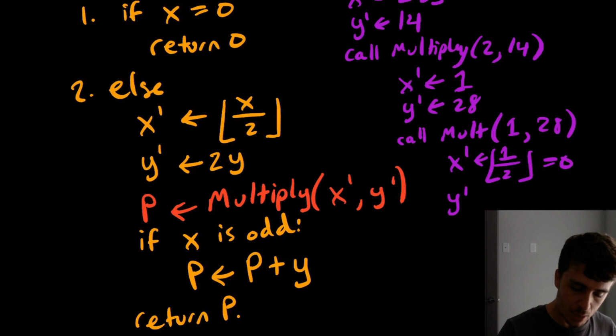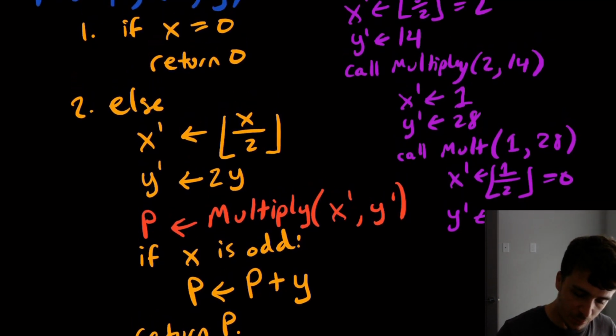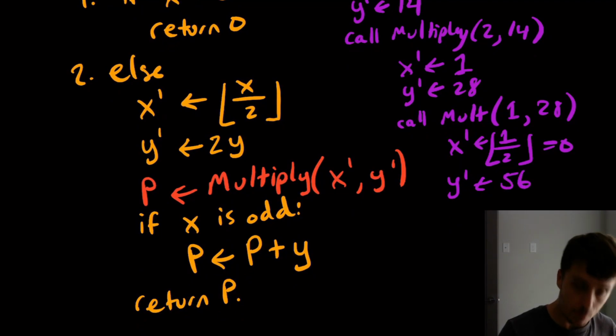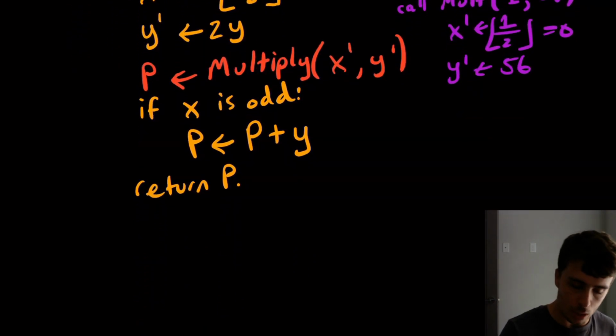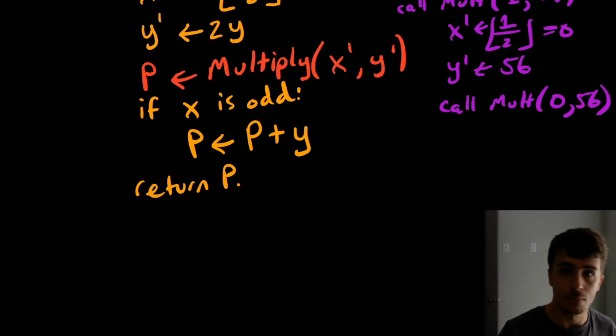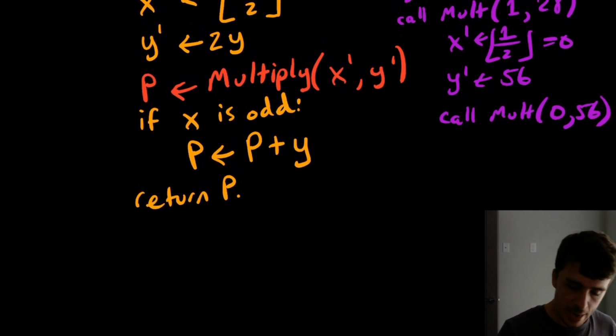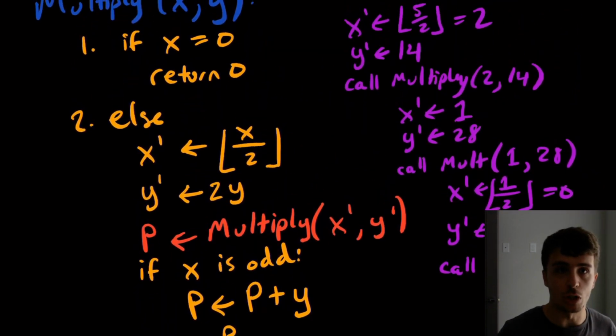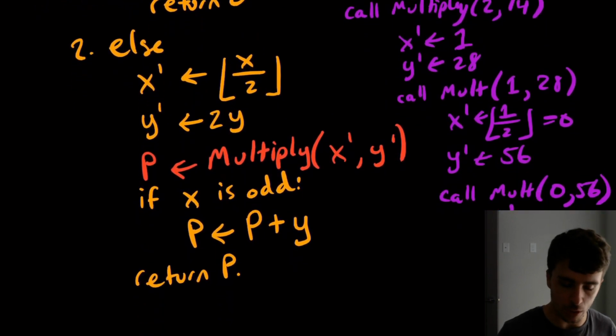So then y prime is going to be 56, I think. So then we're going to call mult of 0 and 56. So this is going to return 0 pretty obviously because of this return at the top of the mult function.